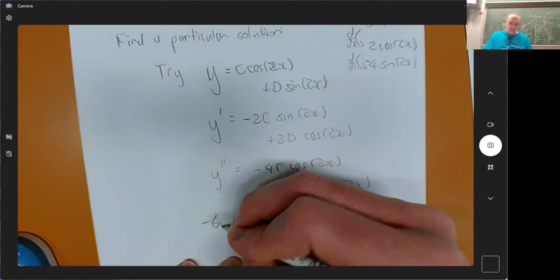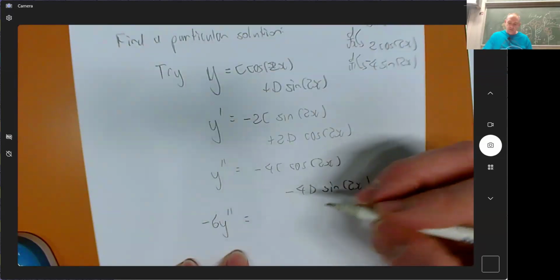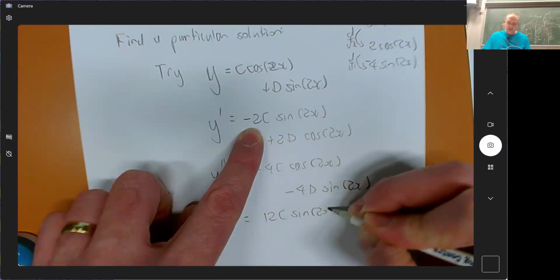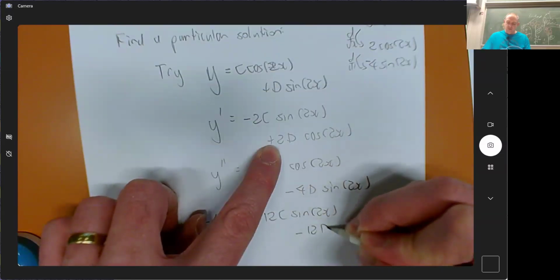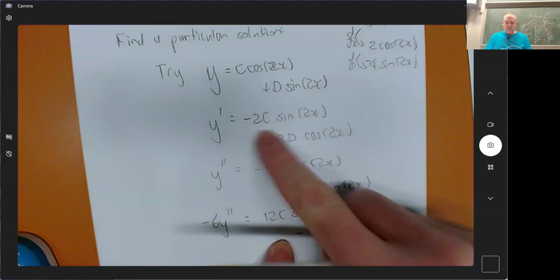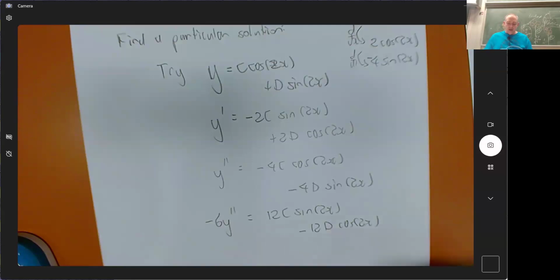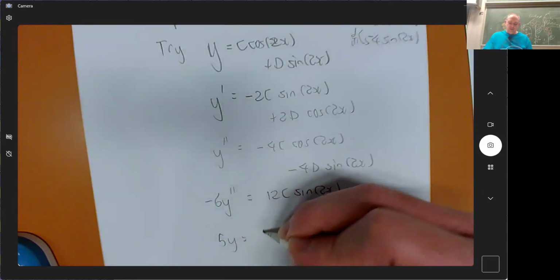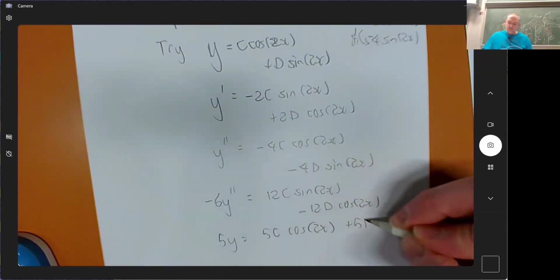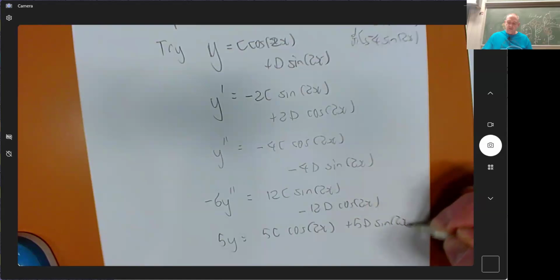So I'll just figure that out. So that'll be 12c sine of 2x minus 12d cos of 2x. So just multiply both of these by minus 6. And I need 5y as well. So that's 5c cos of 2x and 5d sine of 2x.